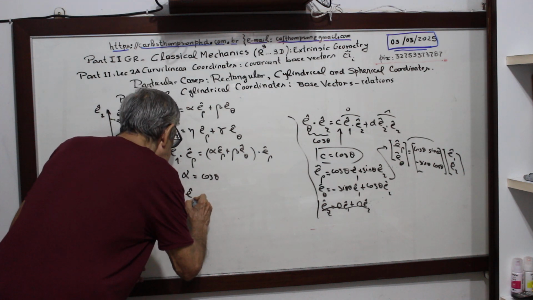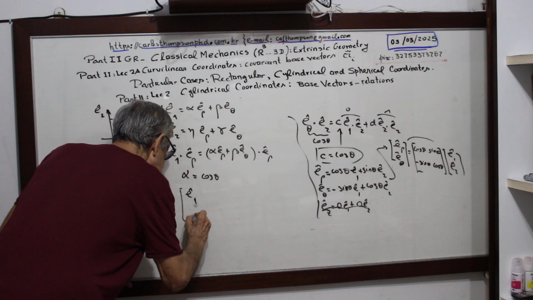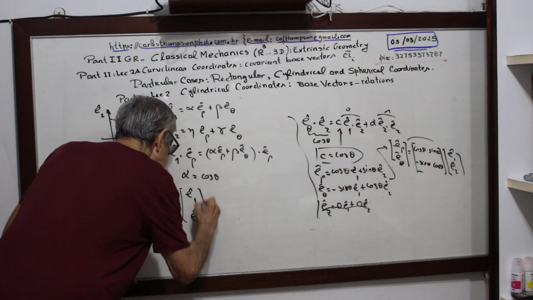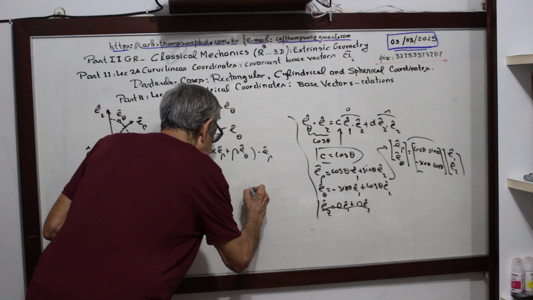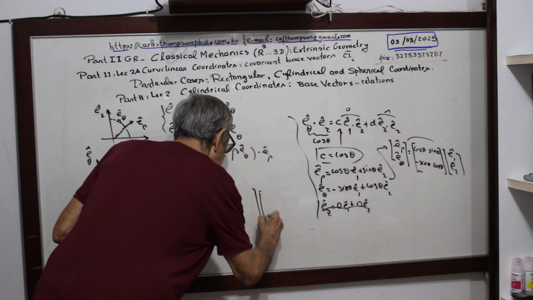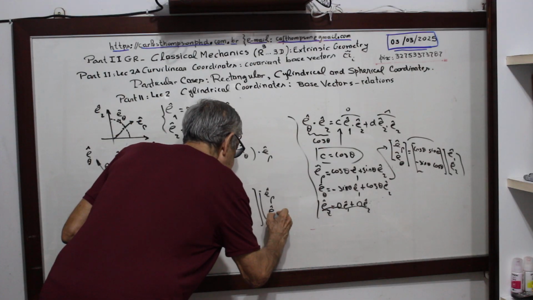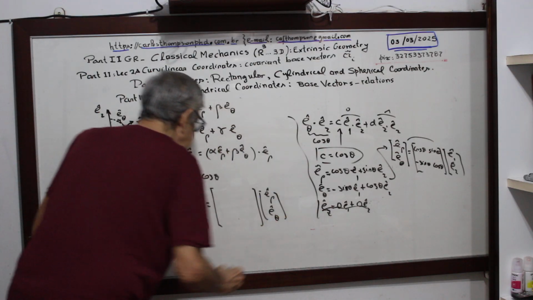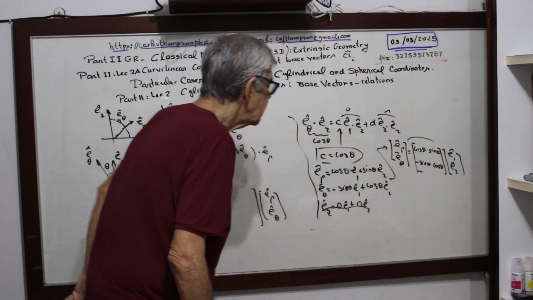I have E1, E2 is equal A rho, A theta. You see, this is the second row.